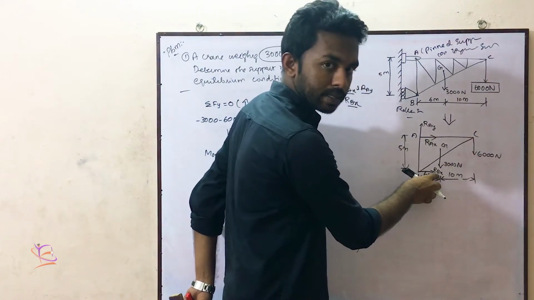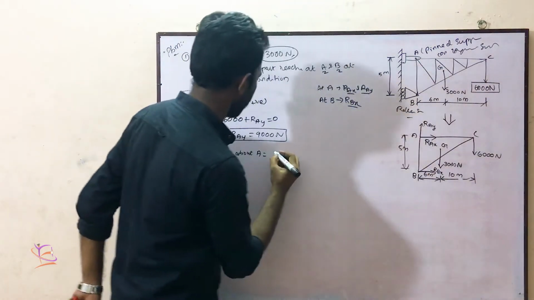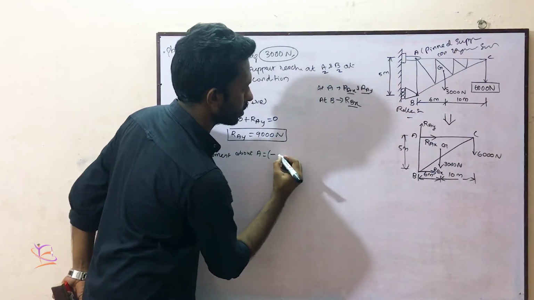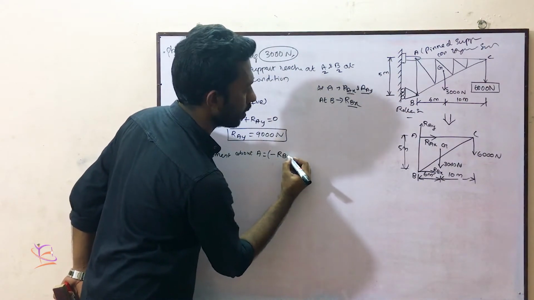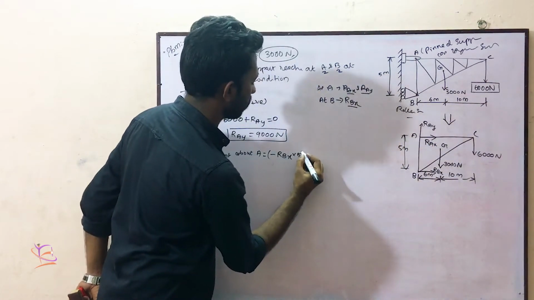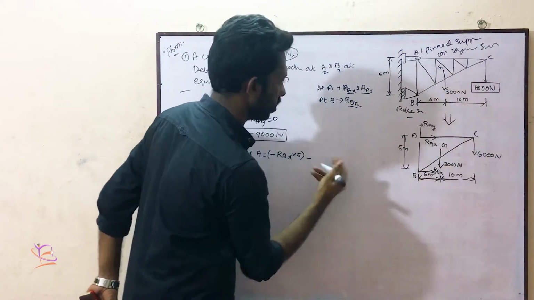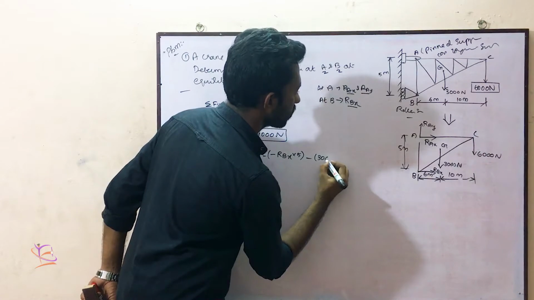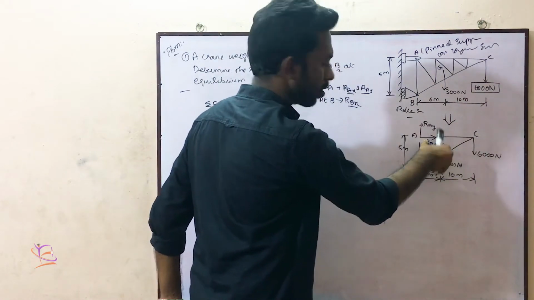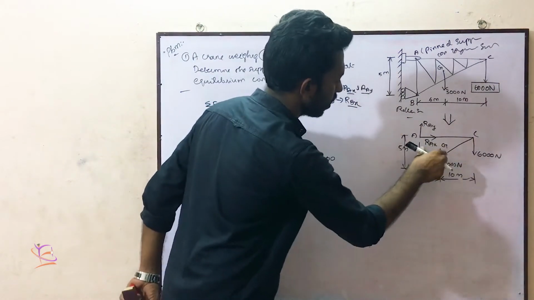Now RBX will create a moment about A. This is clockwise direction, minus RBX into the vertical distance 5. Next, 3000 Newton is clockwise.